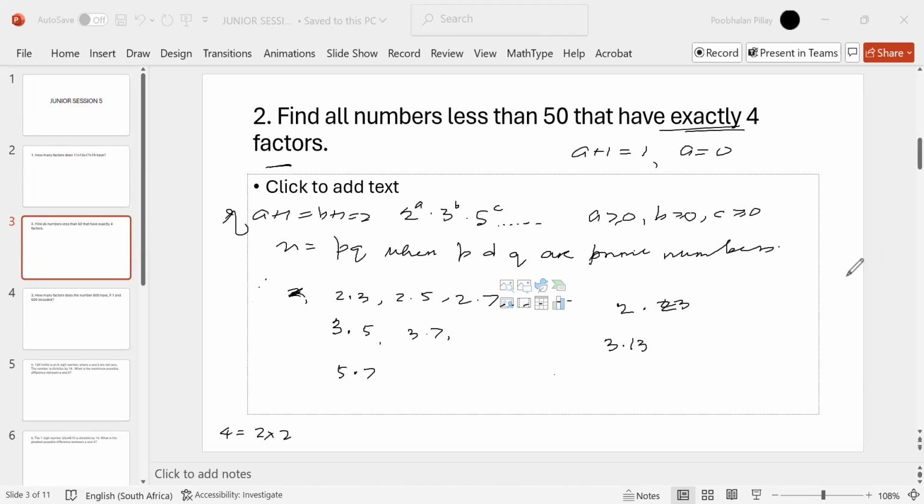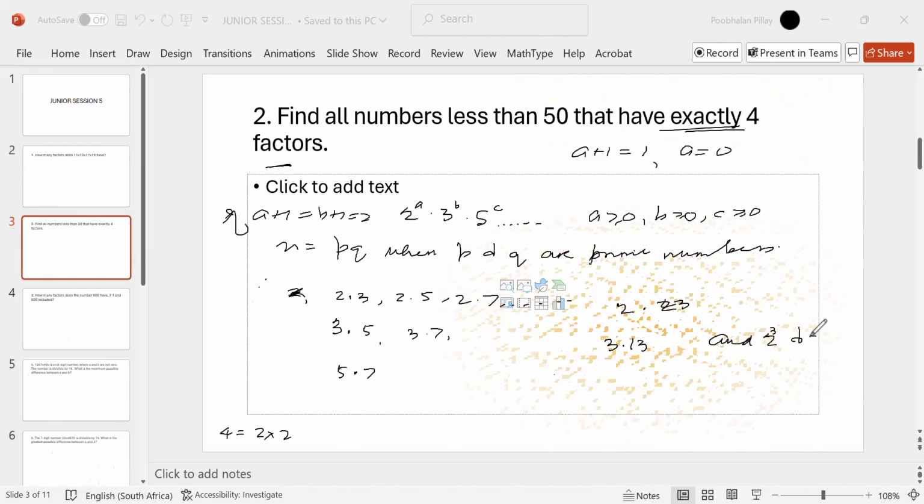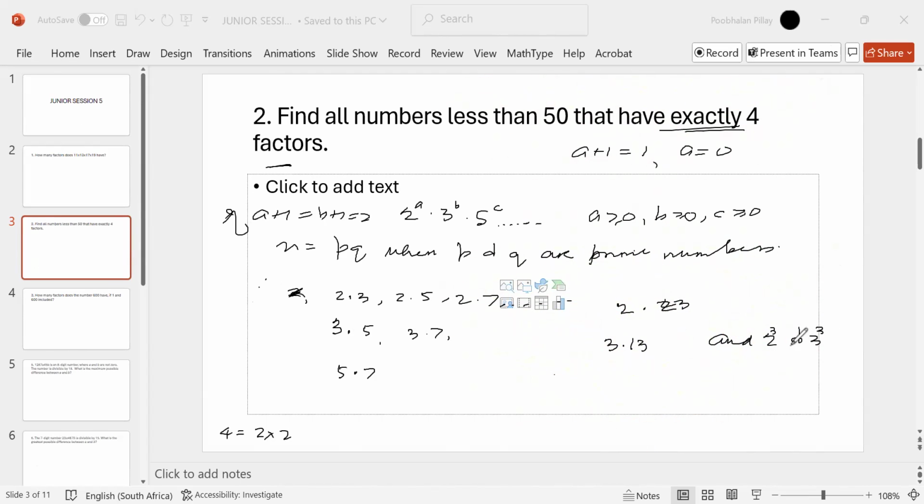So you can count the 2 that we had, where these were the only cubes. So those 2, and you count all these, and you'll know the total number of numbers less than 50 that have exactly 4 factors. Okay, so the trick there is that the product of these a plus 1, b plus 1, and so on is 4. And it's very easy to see which 2 numbers multiply to give 4.